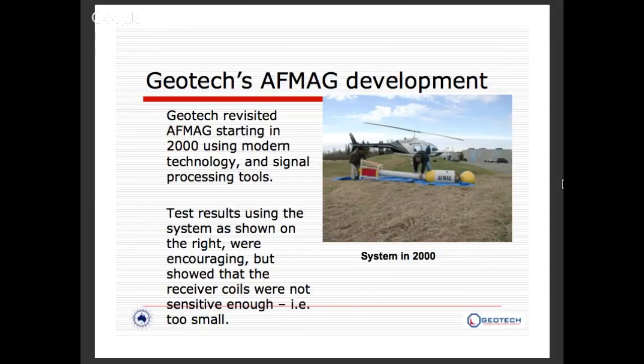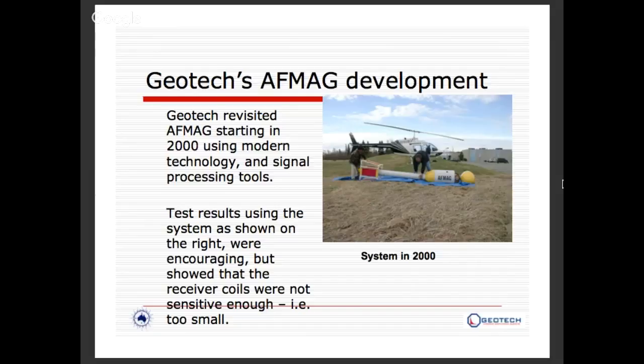Now, for the development of the system. In early 2000, the company came with the idea to make it work, because in the past we were trying, but it was completely unsuccessful. So in 2000, we started with small loops that were too small.